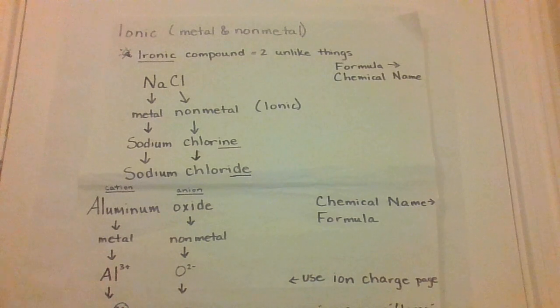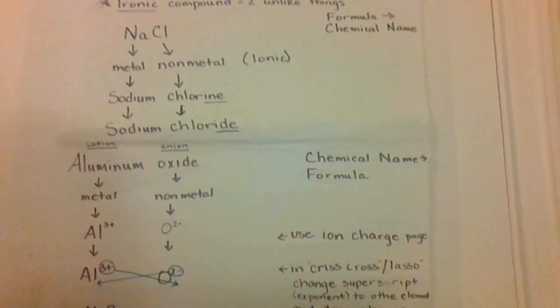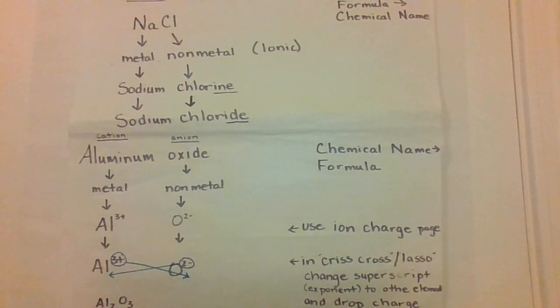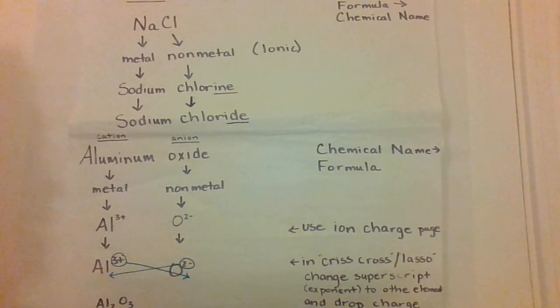Our next example, we're going to go from chemical name to formula. I will tell you that the use of a common anion, cation, and polyatomic sheet will be very helpful because you'll need to know the charges of your different elements in your compounds.